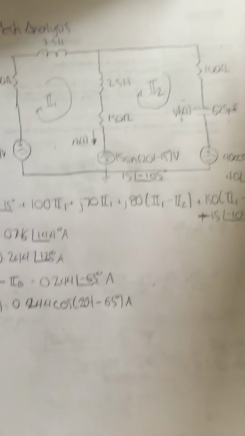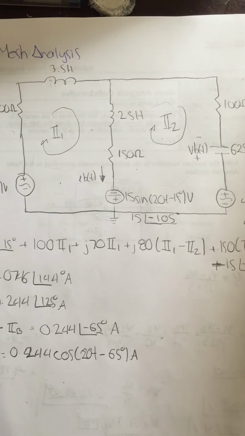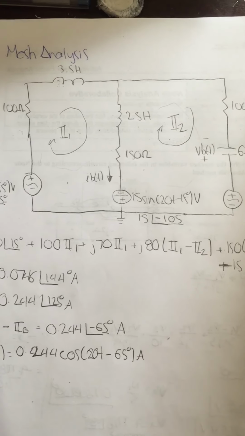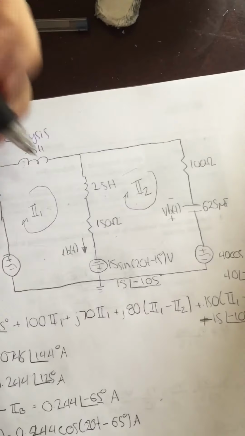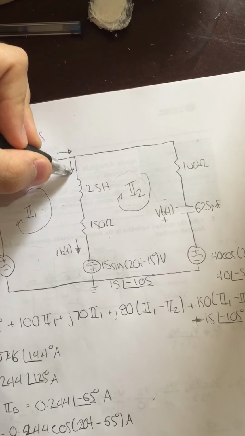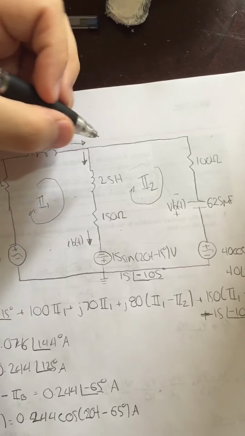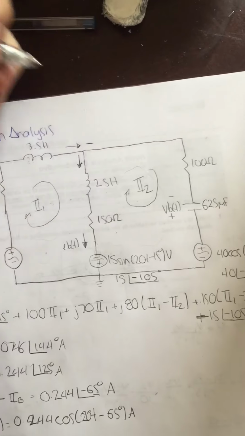And as we can see on the circuit, we can find IB by subtracting I1 minus I2, because here I1 enters, here IB goes out, and I2, we can see that is here.